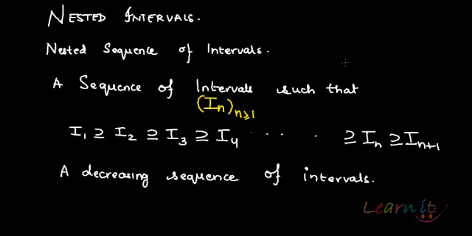When we are talking about nested intervals, essentially they are a sequence of intervals, which I'm denoting as I_n, where n is in your natural numbers, greater than or equal to 1, so I1, I2, I3, in such a manner that I2 is contained in I1, and I3 is contained in I2, I4 is contained in I3, and so on and so forth.